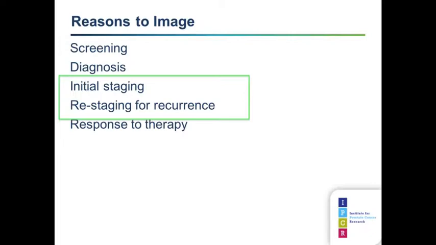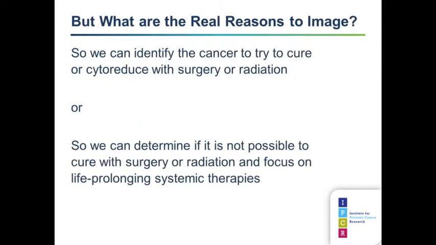In the past, we've done quite a bit of PET imaging research here with novel PET imaging modalities to look for response to therapy. Who's doing well with the treatment? Who's not doing well with the treatment? So we can change treatment early if needed to really try to get the optimal outcomes. But today, what I'm going to focus in on is more finding the cancer and what to do about that. So initial staging and restaging for recurrence.